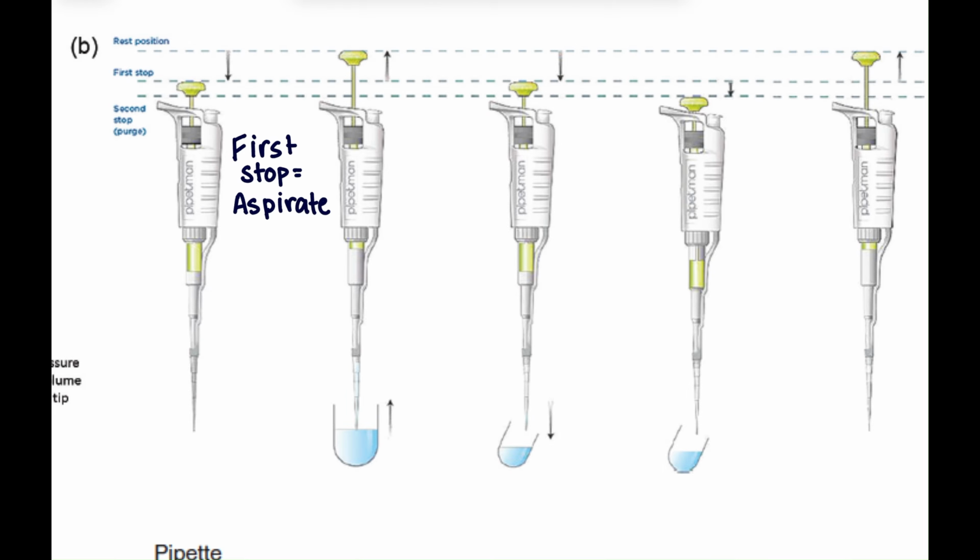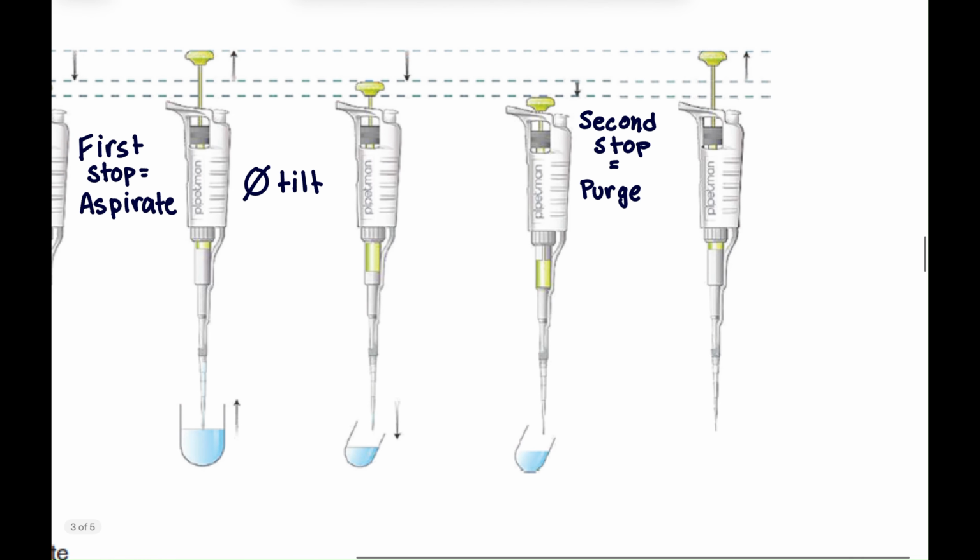The second stop down here is where you purge. You don't want to tilt, so no tilting. You want to be just straight vertical. And then I'll write over here, never lay a filled pipette on its side.